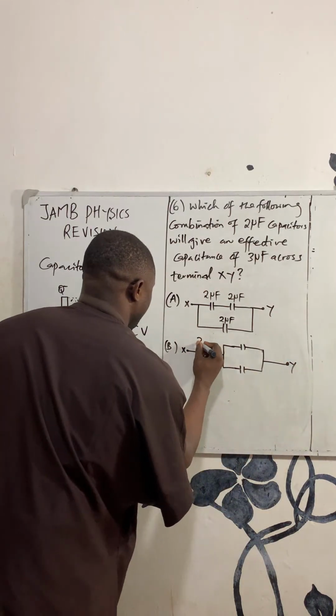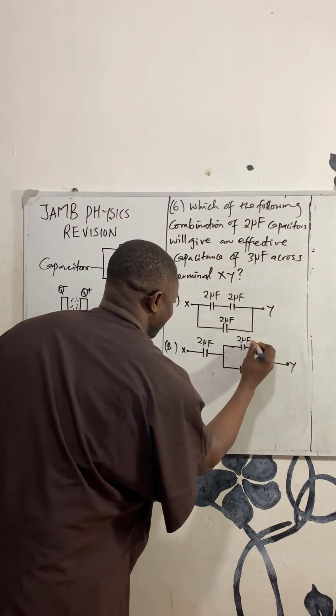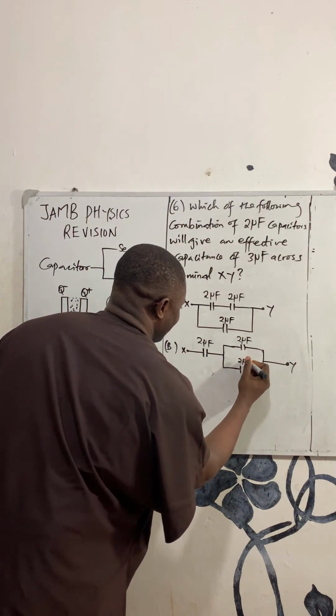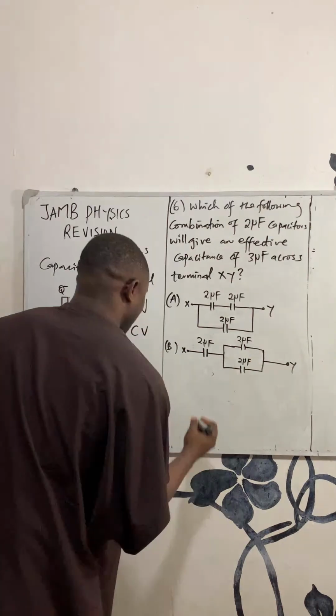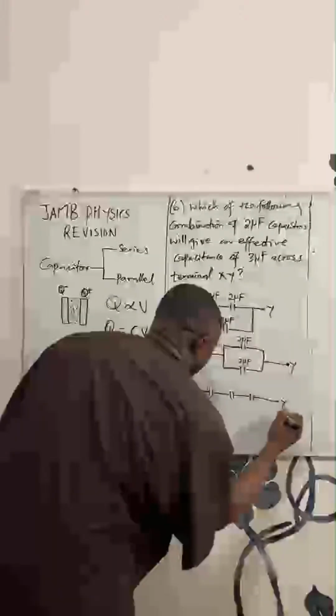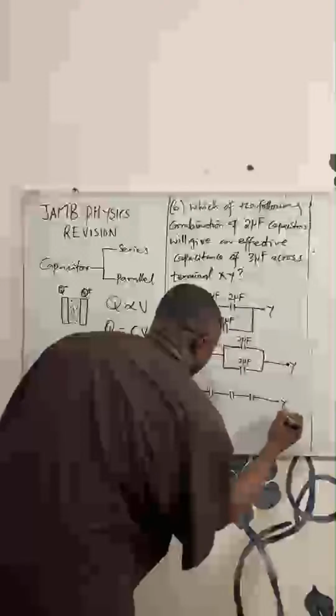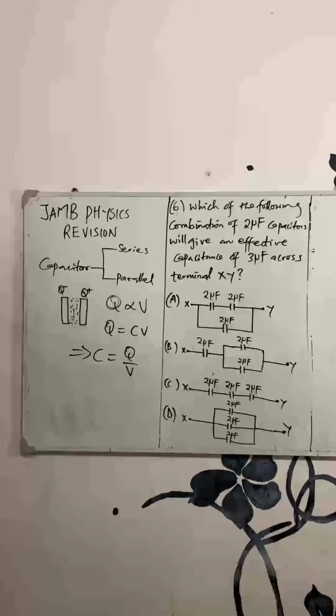This is your point Y. Remember, in C, each is 2 microfarad.